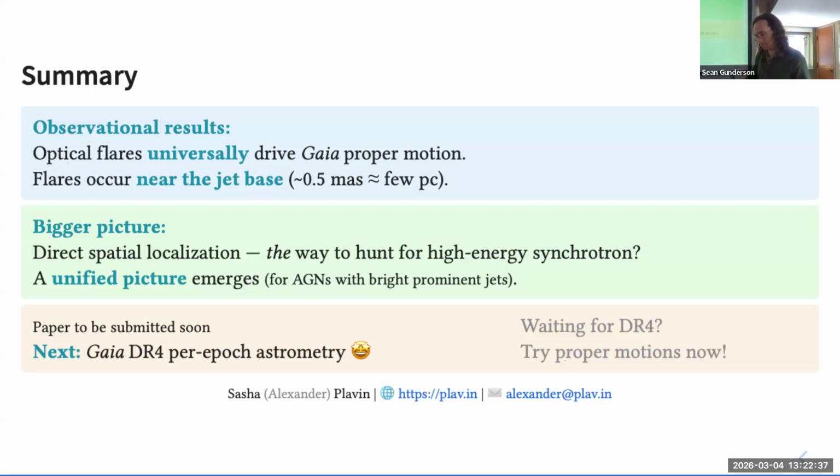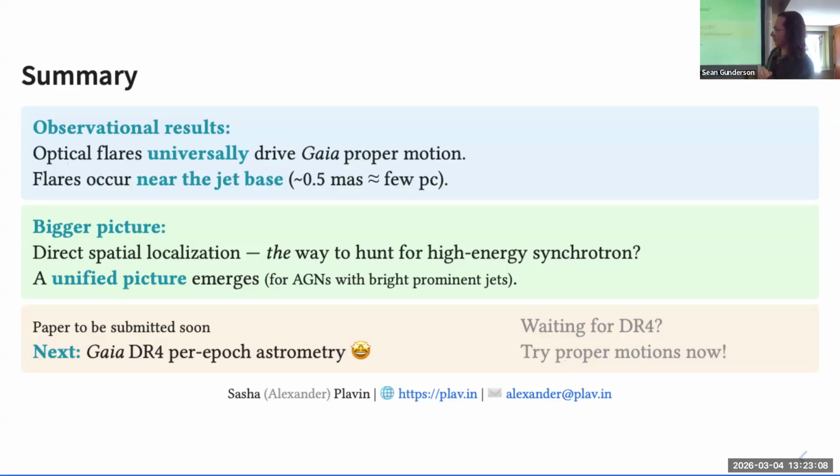Because, as I said, now you localize gamma-ray flares by time correlating with radio, but a significant fraction of gamma-ray flares are orphans that are not in radio. Many of them are also in optical, so we can localize optical flares directly in a spatial way, without relying on time correlation, and then use them as an anchor for higher energy.